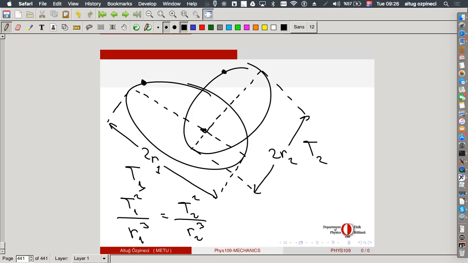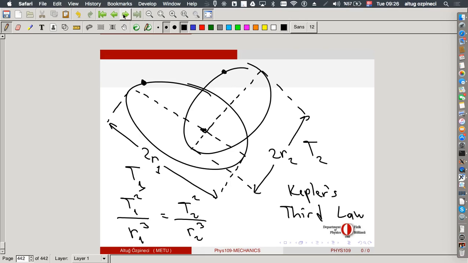This is Kepler's third law. Of course, these are just the statements of Kepler's laws. Now we will try to understand them. We already know Newton's dynamics and the concepts that we have developed using it. So what do these laws mean?